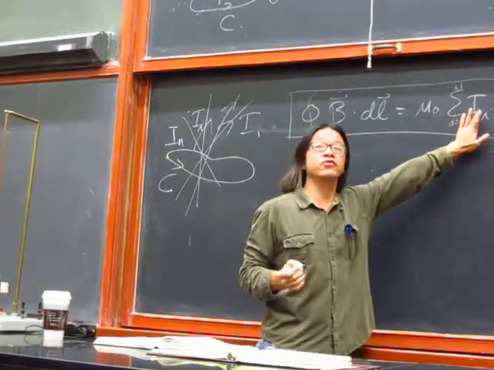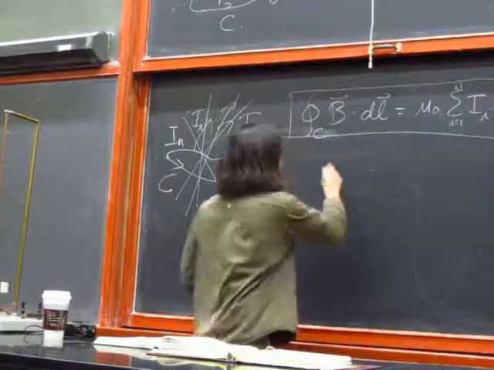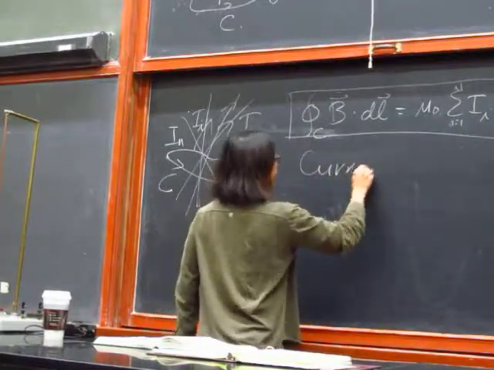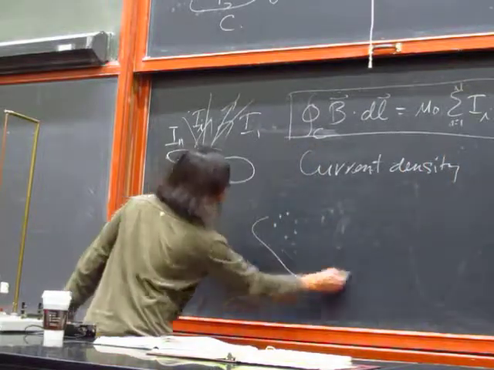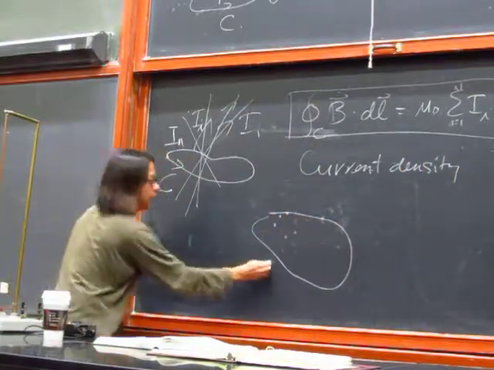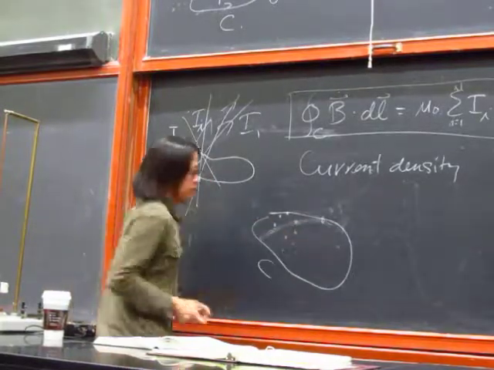Instead of having a wire carrying current, let's talk about current density. If I have any surface S bounded by C, right?